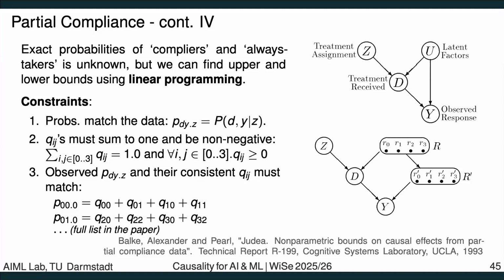Just be aware that if we have more and more of these latent factors and more variables that are affected by these latent factors, here we have these Cartesian products, right? So that means the number of constraints and the number of equations we need to fulfill blows up exponentially.